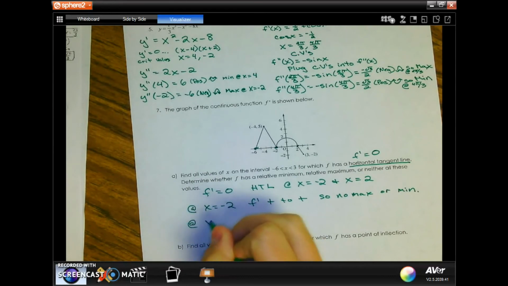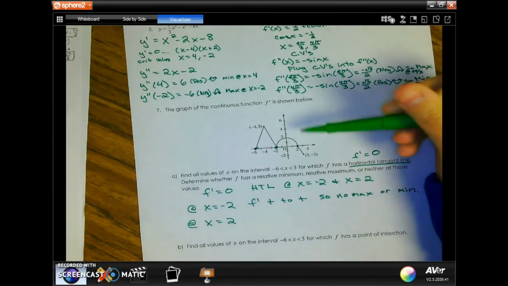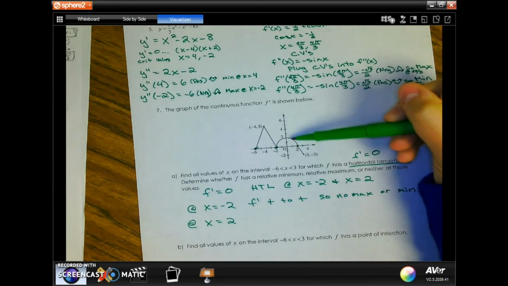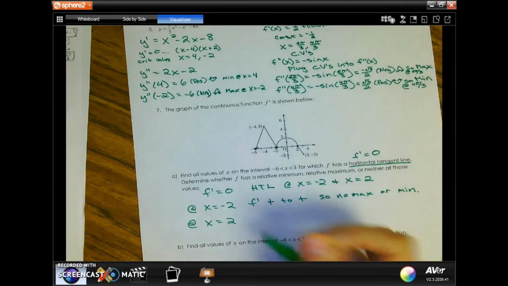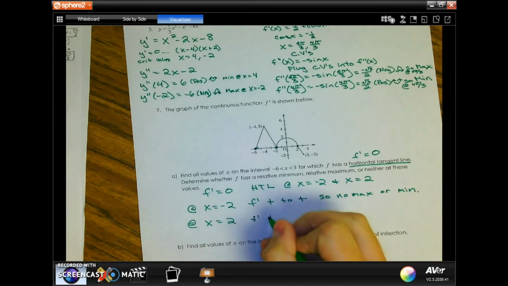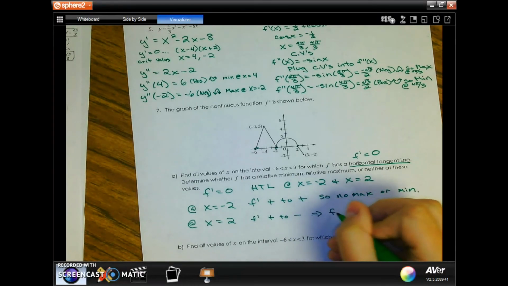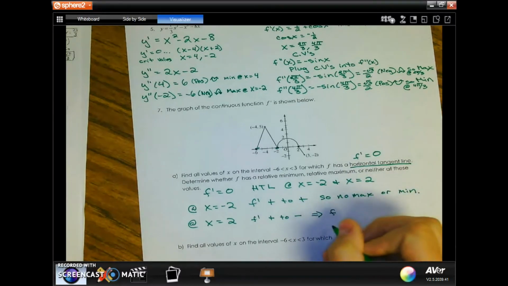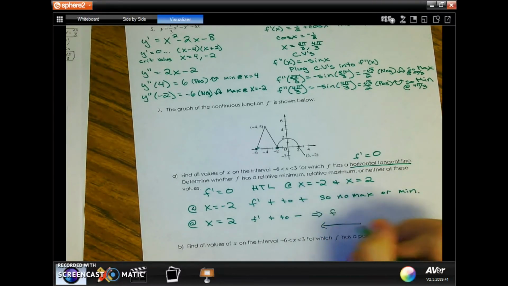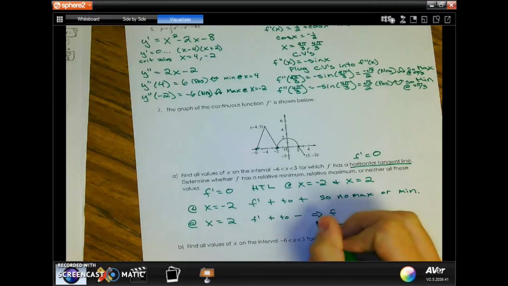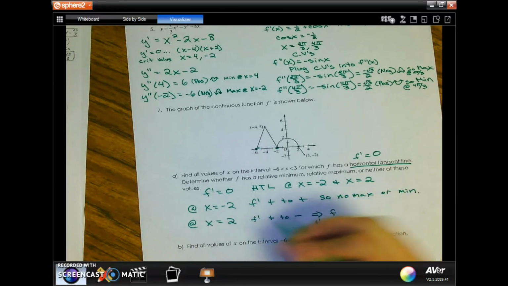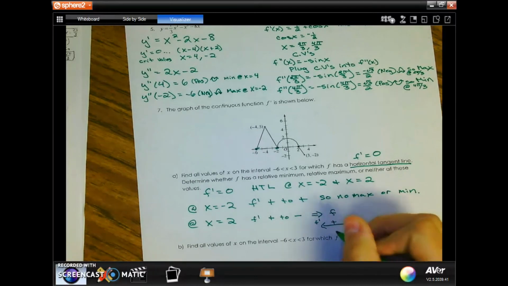Now let's examine what's going on at x equals +2. Well, at x equals +2, the derivative goes from positive to negative. So that tells you that there's going to be a maximum, because that implies that your original, right? Think about what a sign chart would be. If your derivative went from positive to negative, that would imply that your function is going from increasing to decreasing.